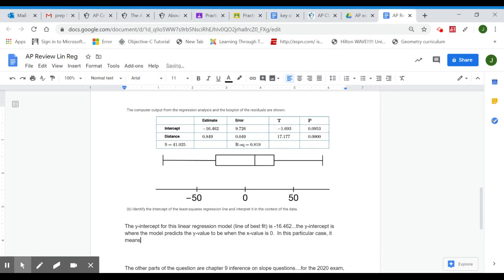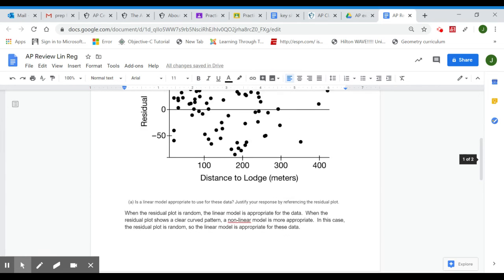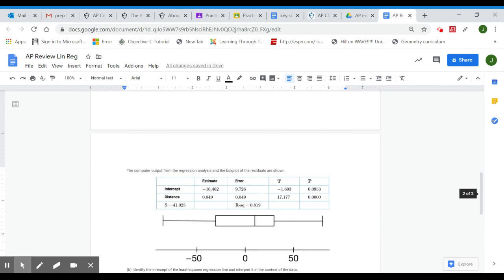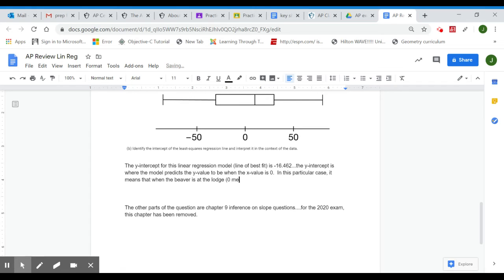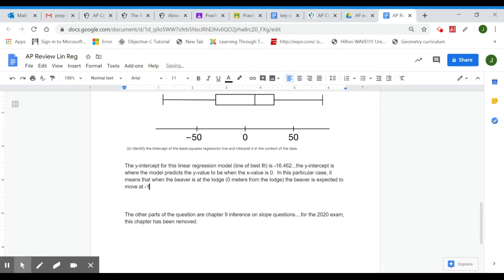So in this particular case, it means that when the beaver is at the lodge, right, 0, what is it? Is it meters? 0 meters from the lodge, the beaver is expected to move at negative 16.462 meters per hour.